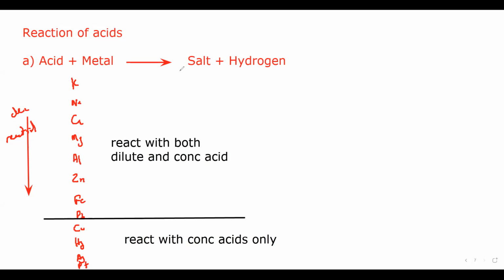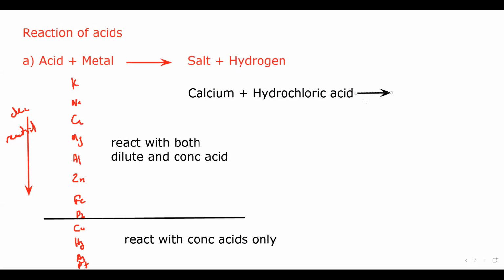So first one, acid plus metal gives salt and hydrogen. If you have calcium plus hydrochloric acid, this will give a salt.